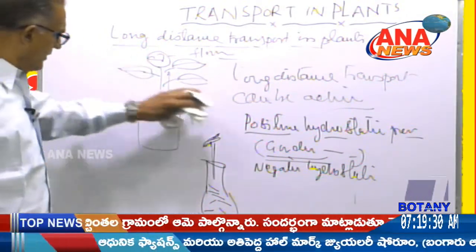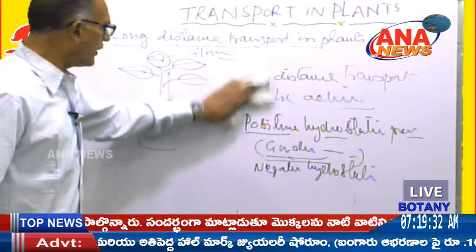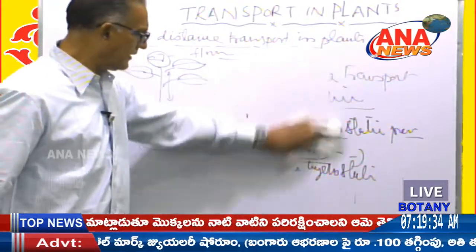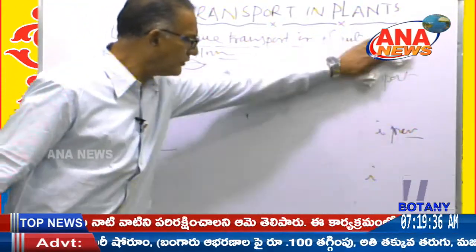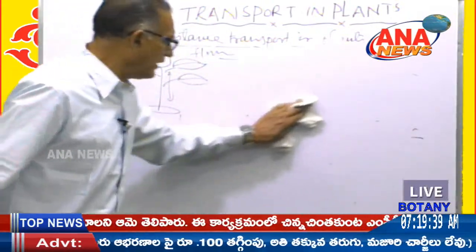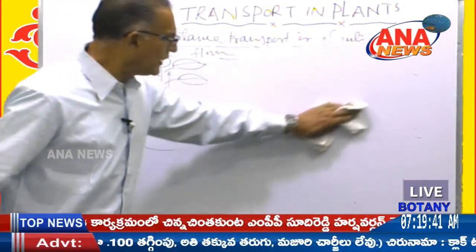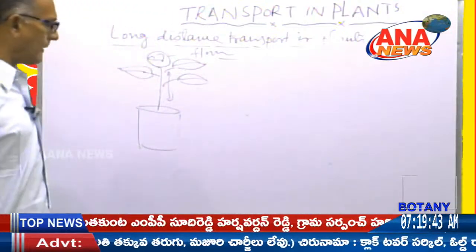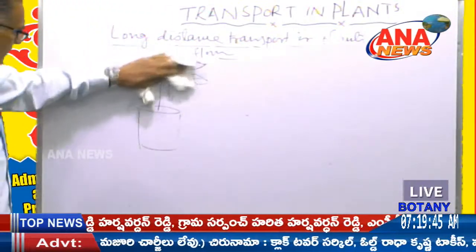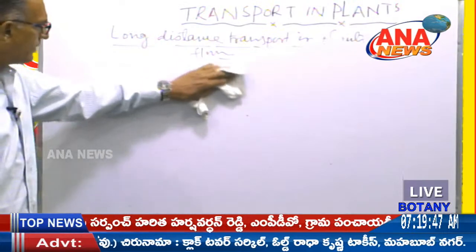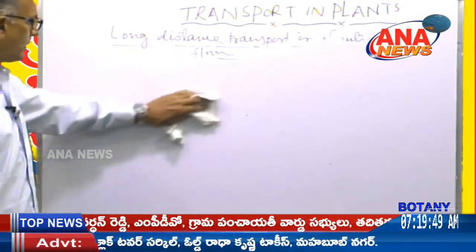So how does the water enter into the plant? The root is responsible for absorption of the water. Because of that, we pour the water at the root, not on the leaves.